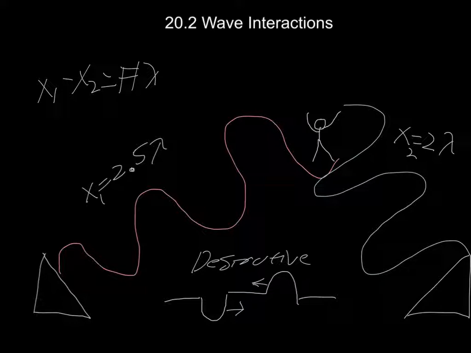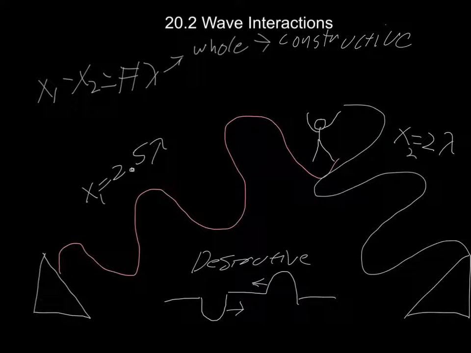Now, if this number is a whole number, this means that the waves are going to be in sync with each other. So even if this was 3 on the left, we would be coming back up and would be at a positive just like we are on the right. So anytime you have a whole number difference in wavelengths, that means you're going to have constructive interference.